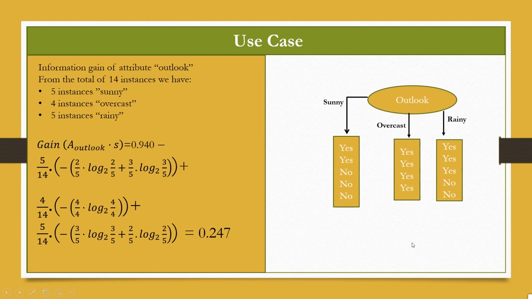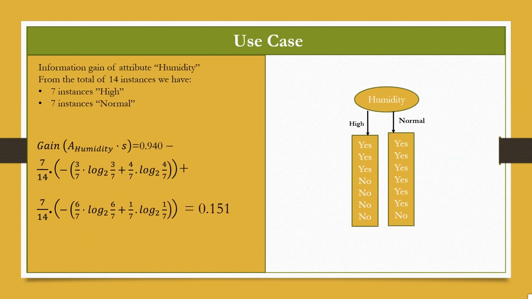For rainy, we have 3 yes and 2 no. So when you calculate the information gain of the outlook variable, we'll get a value of 0.247. Now compare this to the information gain of the windy attribute. This value is actually pretty good. We have 0.247, which is a very good value for the information gain.